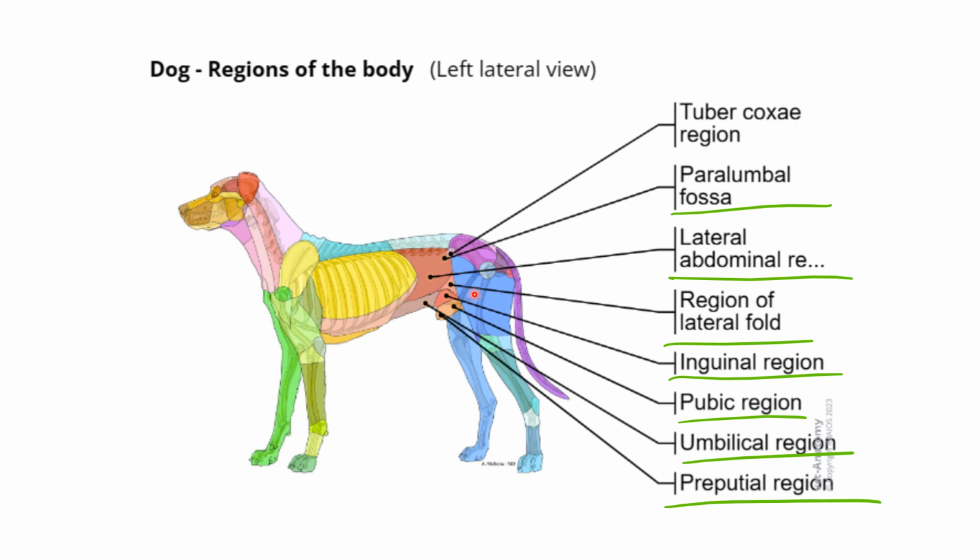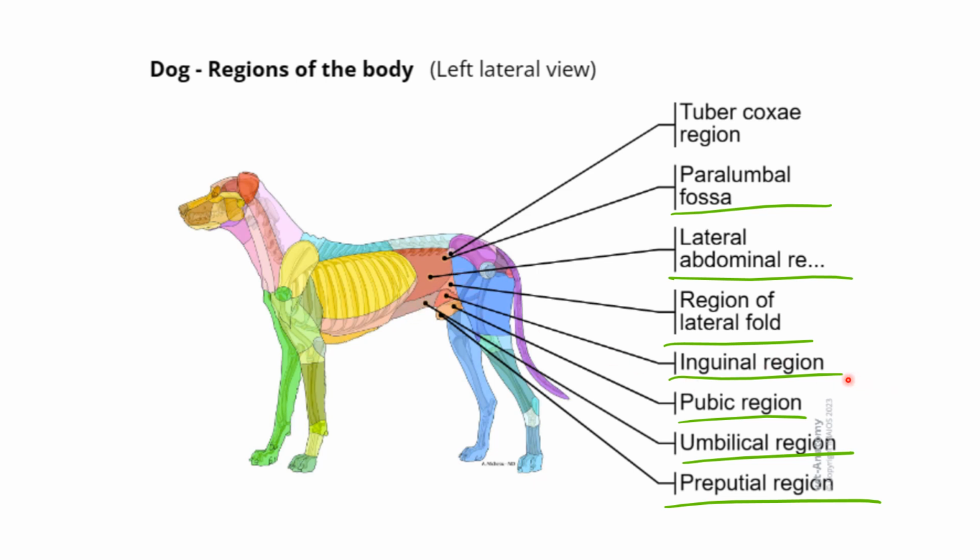This is the fold that connects the skin of the stomach or the abdomen, because stomach has a different meaning sometimes, to the skin of the hind leg. So it's like a fold which you can feel if, let's say, you're doing a palpation, which is always there, and you can see it here kind of well in this picture.